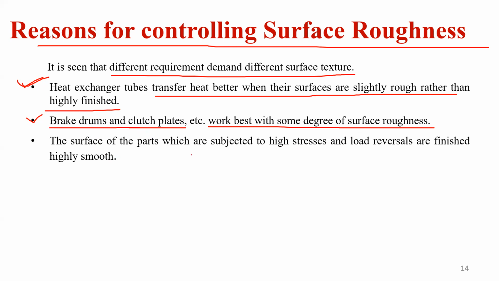The surfaces of parts which are subjected to high stresses and load reversals are finished to highly smooth surfaces. Otherwise, failure of the parts takes place, because load reversals and high stresses are generated on the surface. So failure of the parts can be avoided by machining to highly smooth surfaces.